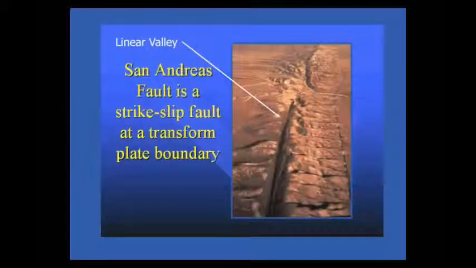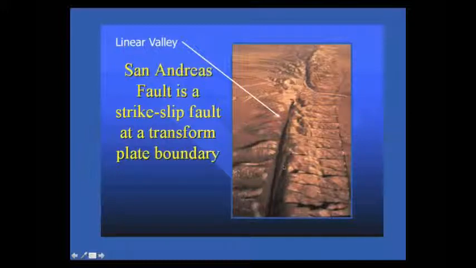Probably one of the most famous transform boundaries where we see a lot of strike-slip faulting occurring near the plate boundary is the San Andreas fault system. The San Andreas fault system is parallel to the boundary between the North American and Pacific plates in the western part of the United States.